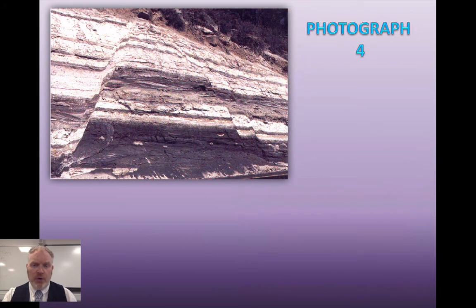In photograph 4, we now start to see multiple fault planes. So we have one there, but we also have another one there. There's even a smaller one further to the right as well, but that's fine. We've got some movement arrows then for each of these faults. So we can see the block in the middle has moved up.